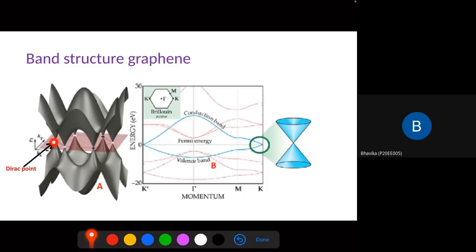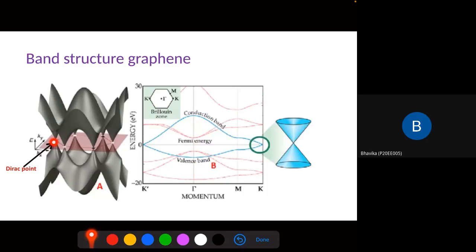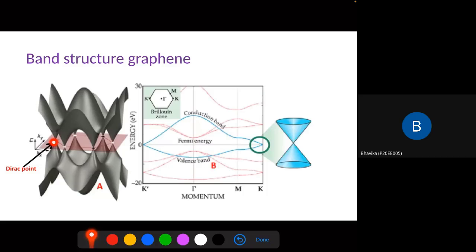Therefore, there is no band gap, and you have six such Dirac points in your graphene band structure, and that is why it is a semi-metallic material. So you have no band gap there.